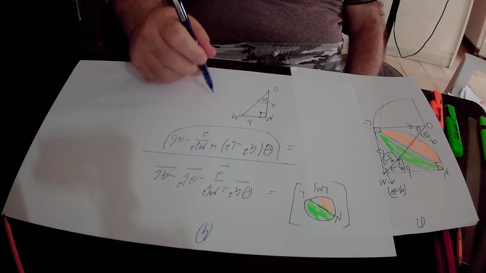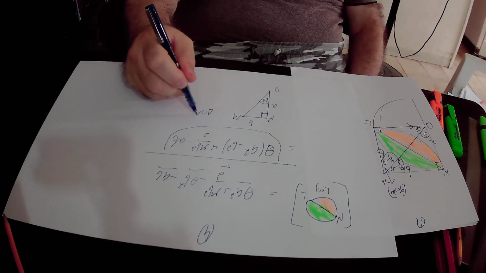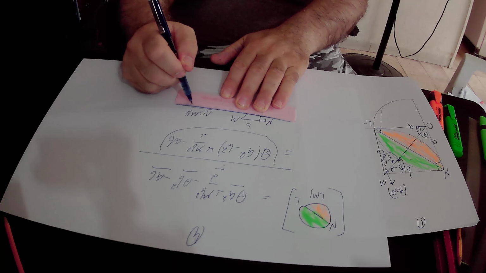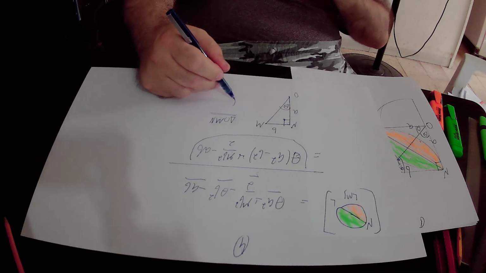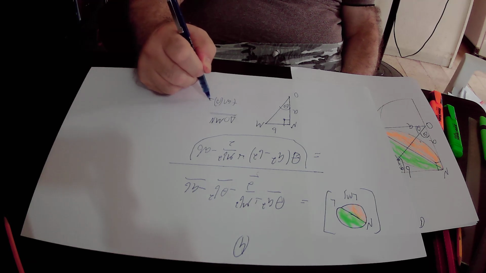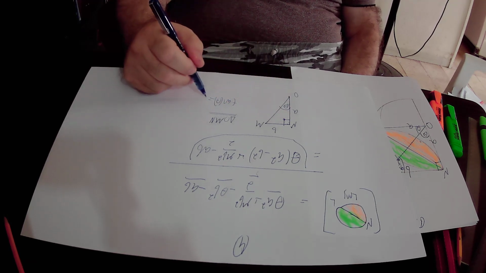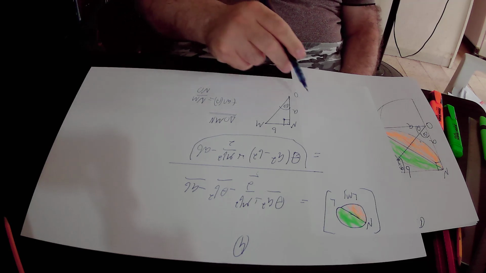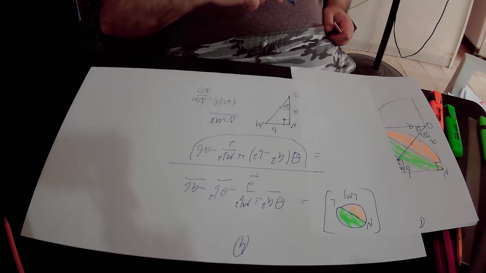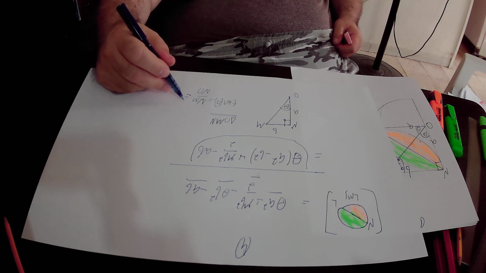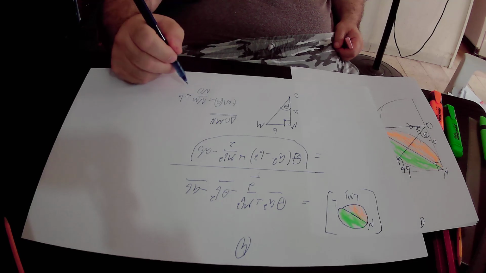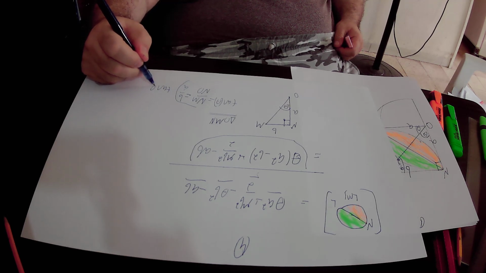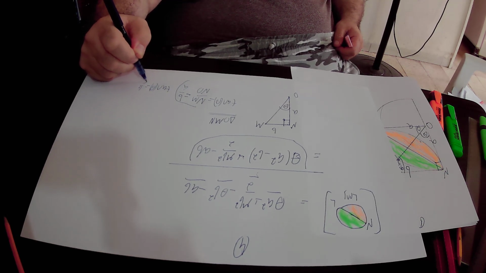In this right triangle, we know that tangent theta equals NM over NO. NM equals B and NO equals A. So in conclusion, we found out that tangent theta equals B over A.